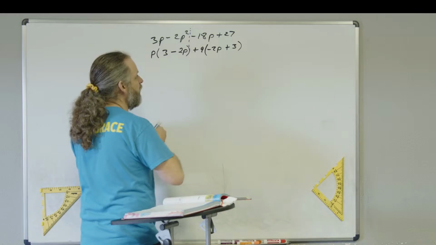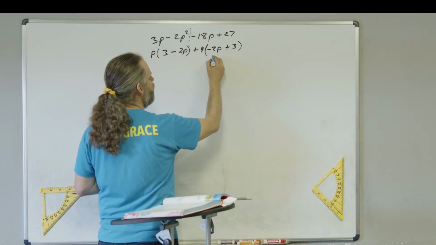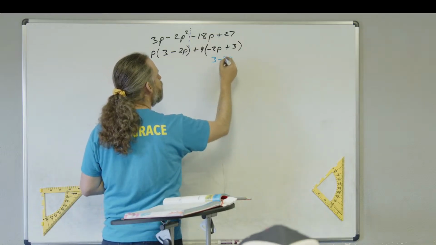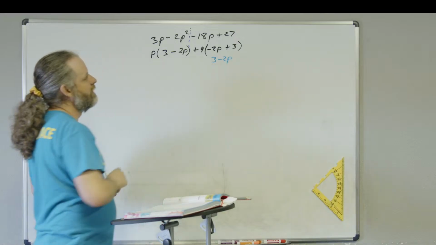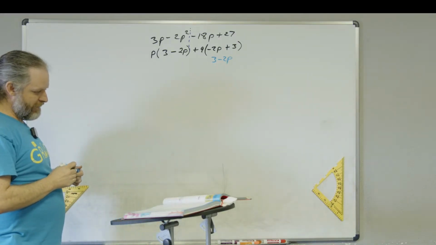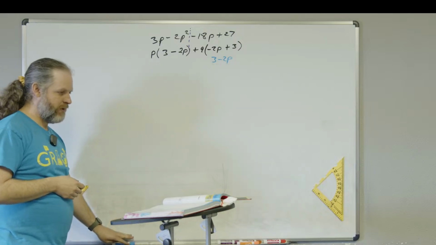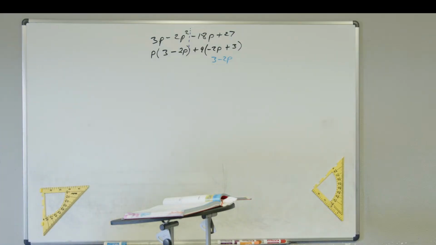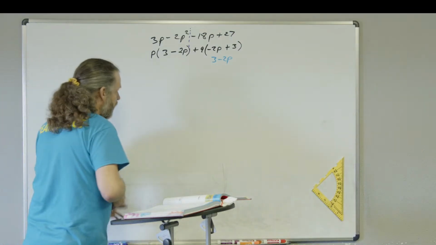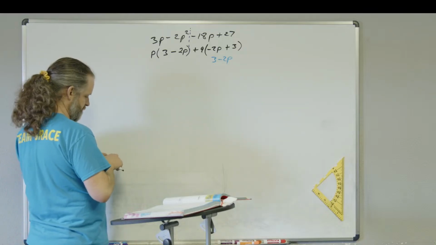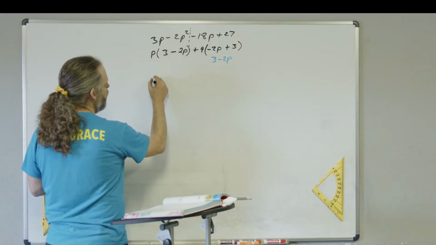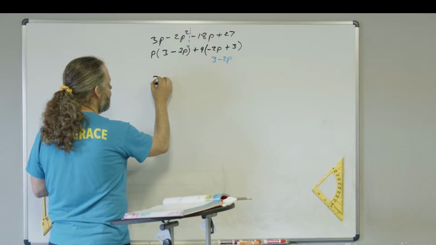So this is the same as this rearranged. So they are in fact the same, right? So let's pull out a 3 minus 2p. Or negative 2 plus 3p, whichever way you want to say it.